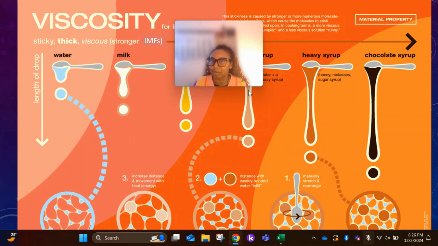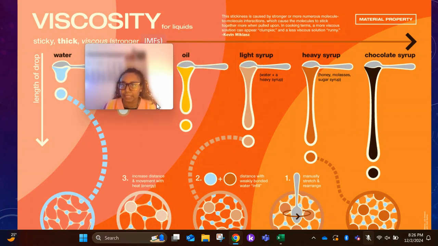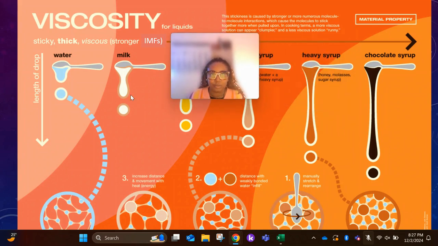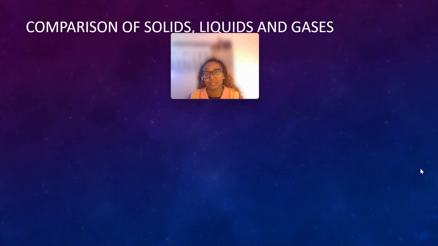And that's when you get down to your light syrup, your heavy syrup, and your chocolate syrup, right? So this is important. It's just kind of showing us the different properties that we may notice in a liquid as it becomes thicker. So a thicker liquid doesn't mean like, oh, it's almost a solid. It's not the same thing. It's just showing you that that is one of the properties you need to understand about liquids, which is viscosity.